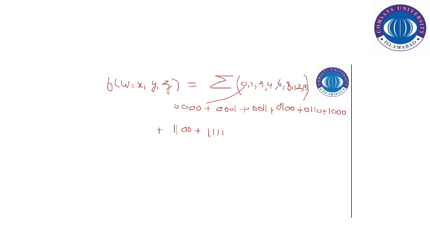So the first variable is w, this is x, this is y, and this is z.